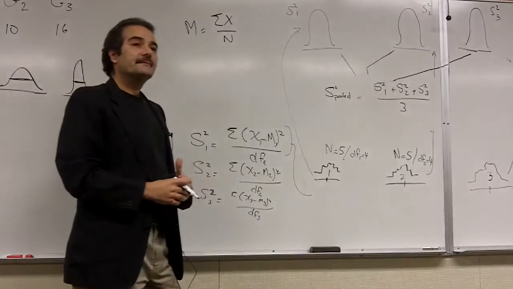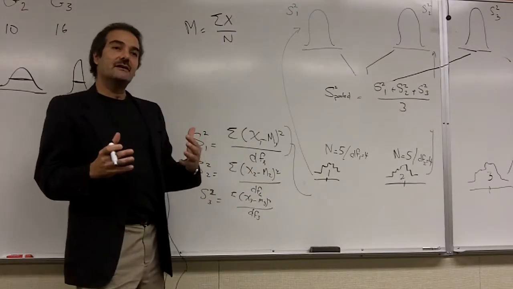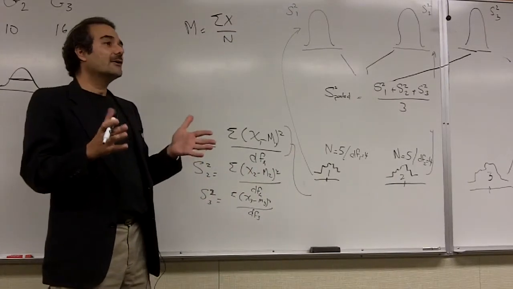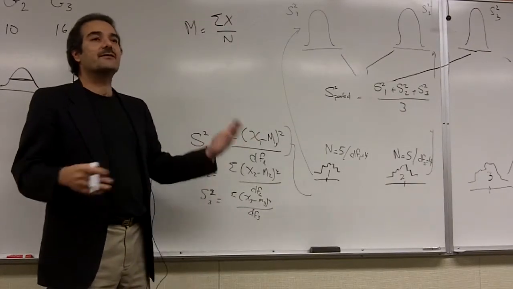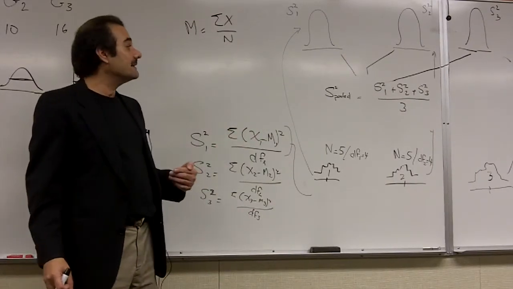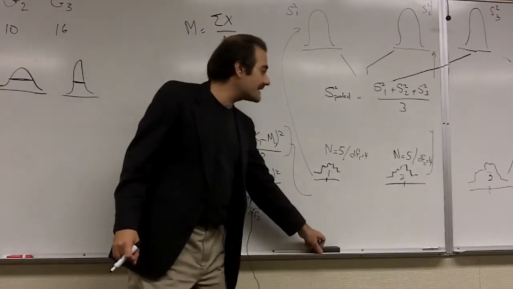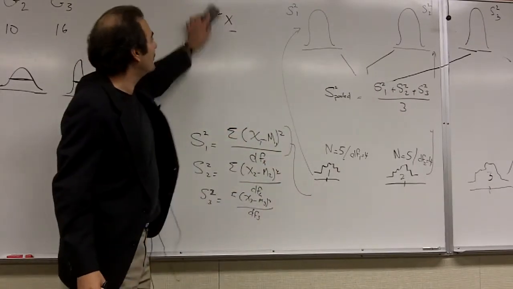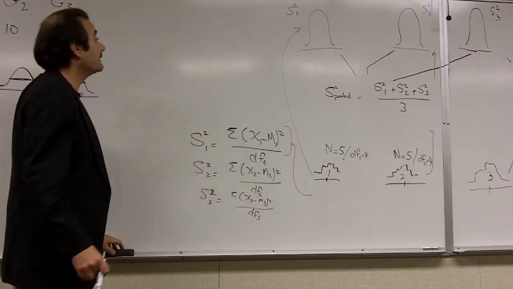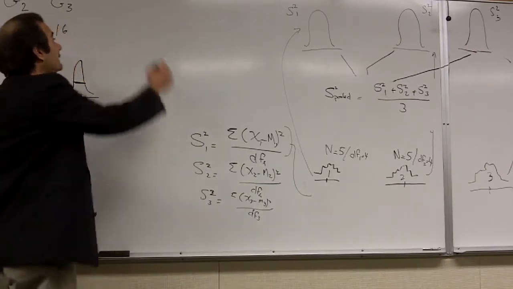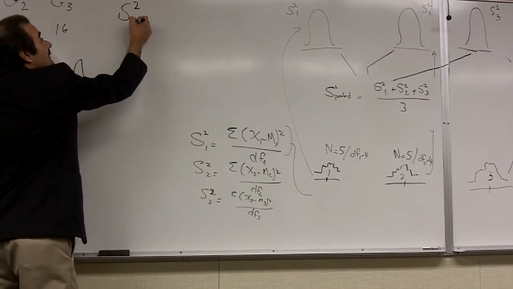So that's your s squared pooled. Now, Fisher basically said, hey, look, this variance, this s squared pooled, is insensitive to differences between means. And he gave it a new name. He called it s squared within. I'll explain why it's called within in a little bit, but for now, let's just accept its new name.